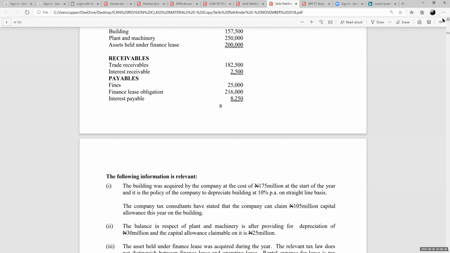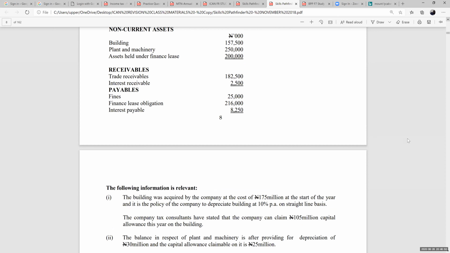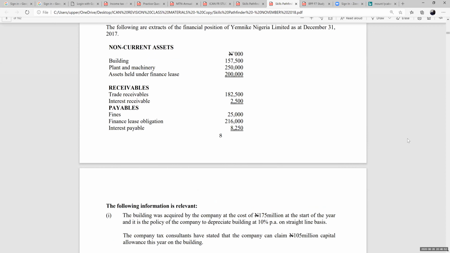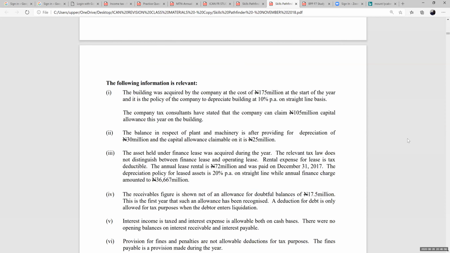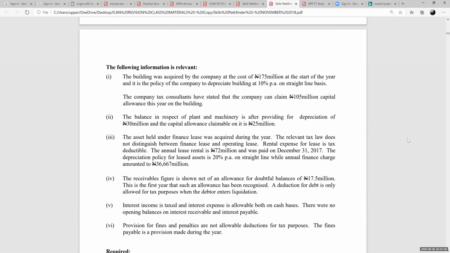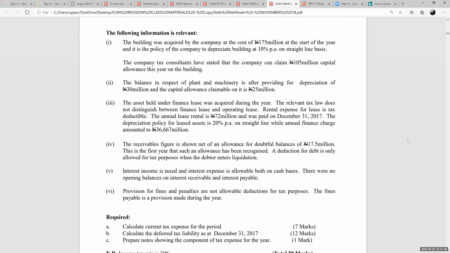The following information is relevant. Okay, the following was acquired. The building was acquired by the company at the cost of 175 million at the start of the year.